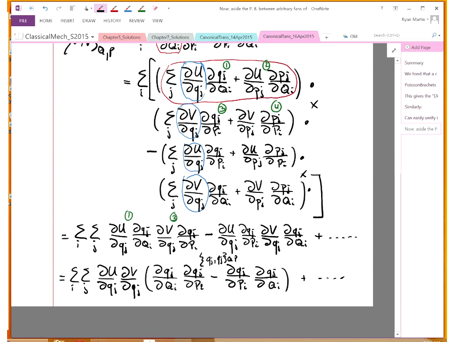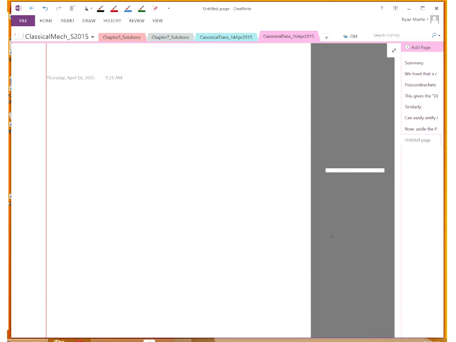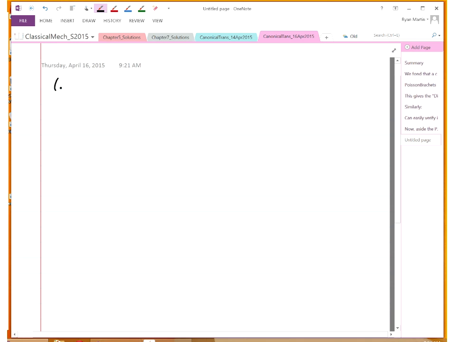After I've done the sum over i, that is the Poisson bracket of qj with itself, right? Because I have ∂qj/∂Qi, ∂qj/∂Pi, minus ∂qj/∂Pi, ∂qj/∂Qi. That's the Poisson bracket. It's also obviously equal to 0 because the partial derivatives commute. But it's also neat to notice it's the Poisson bracket. Okay?